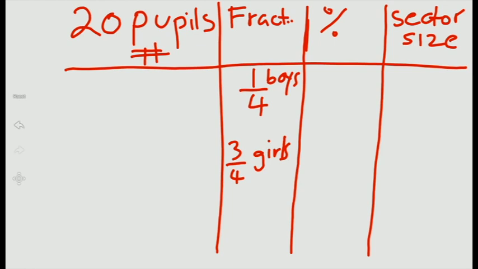Then I want you to calculate the total number of boys in this classroom. Most of you make a mistake that when the question is asked like this, how many boys are in this class, they say it's a quarter. That doesn't answer the question.